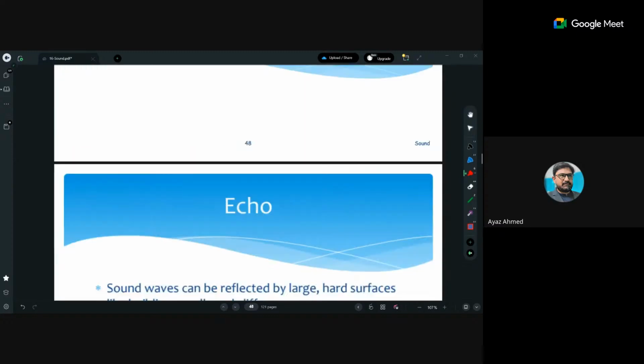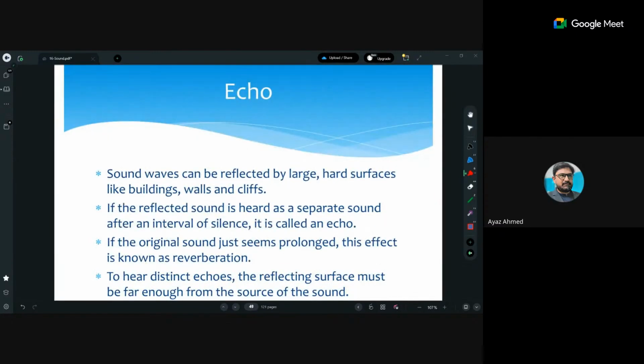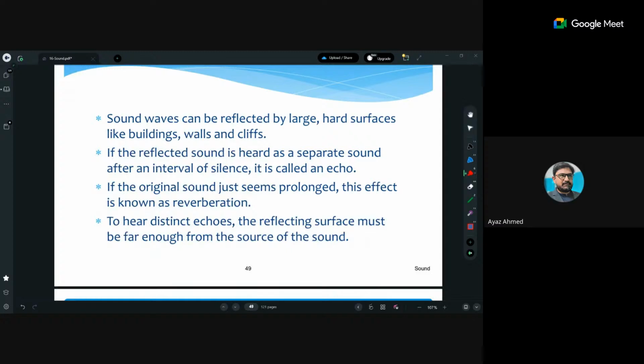Okay, so this is echo. Echo is but reflection of the sound. When you have cliffs or some sort of mountains around you, then you utter a sound, and that sound reflects back, and you can hear the sound again, right? It is called echo.